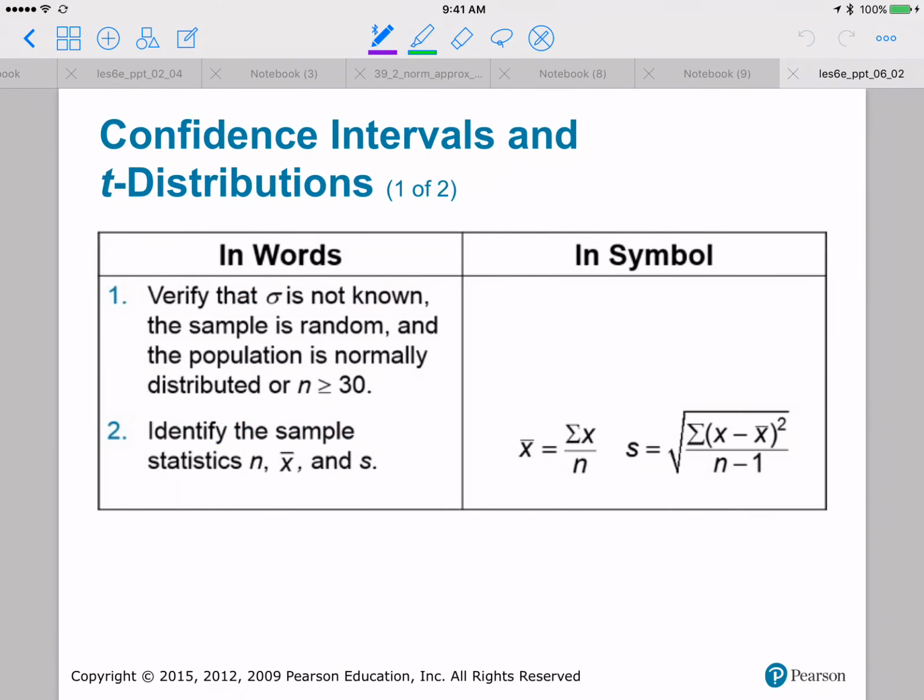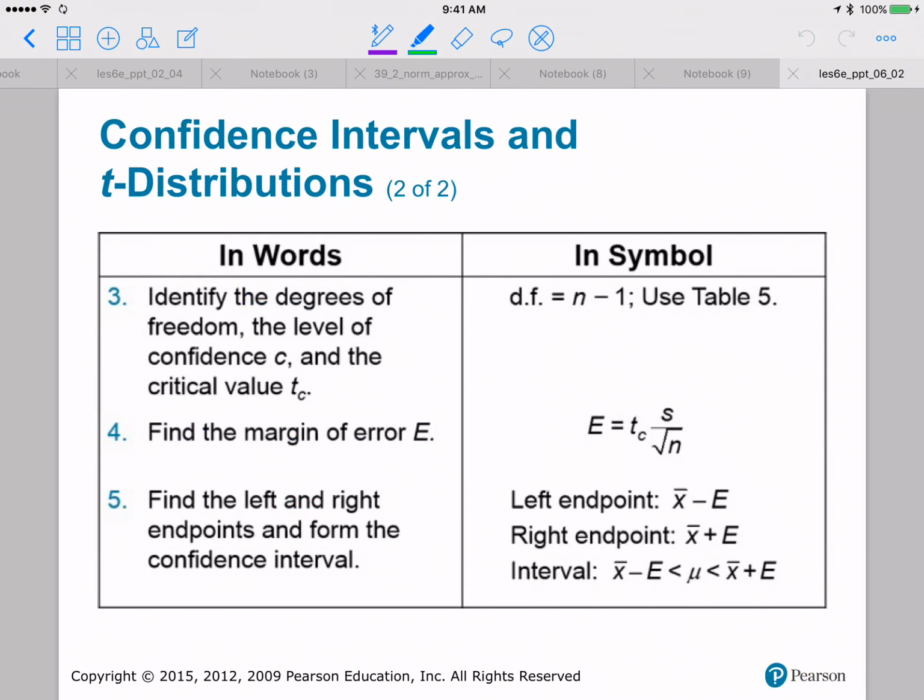So, in words, this first step here, let me highlight this. You want to verify that sigma is not known. You want to verify that your sample is random and population is normally distributed, or n is greater than or equal to 30. Then you identify the sample statistics, n, x bar, and s. Okay. The degrees of freedom, the level of confidence, and the critical value.